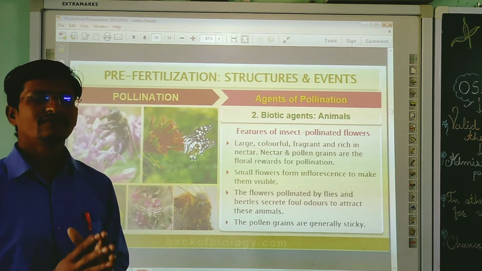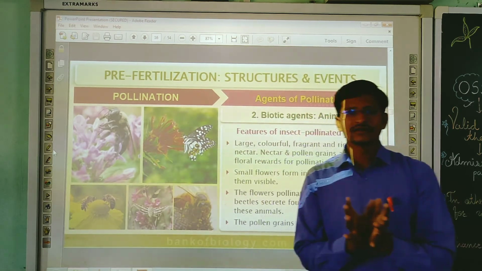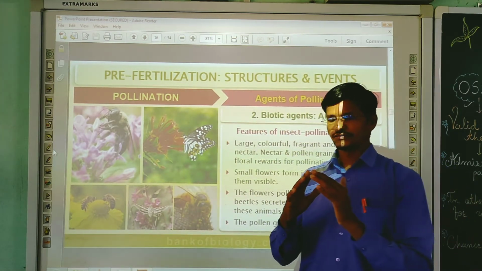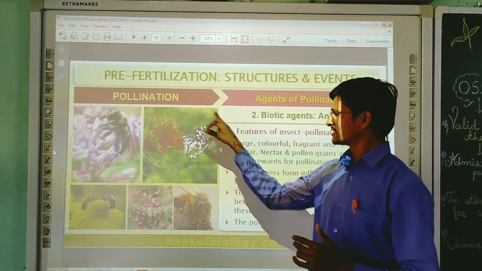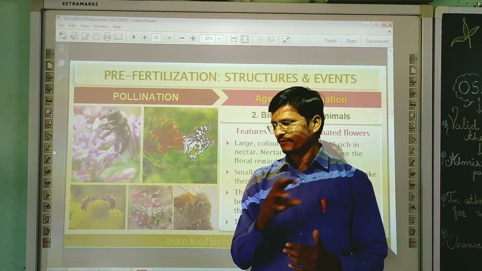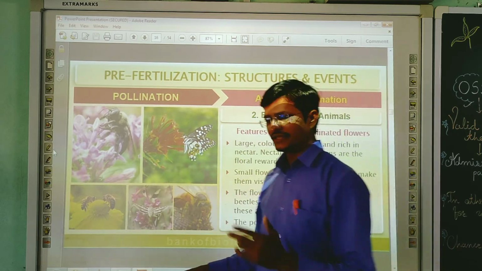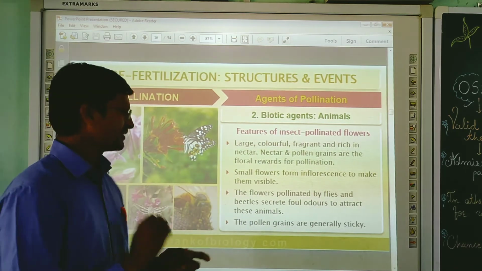That is why flowers have their special appearance and fragrance, and you can see the butterfly sucking the juice from the flower. Honeybees collect honey, we are aware of that.